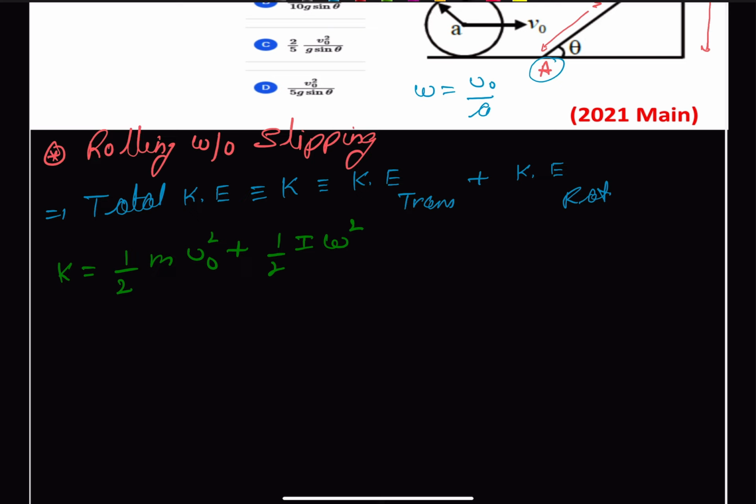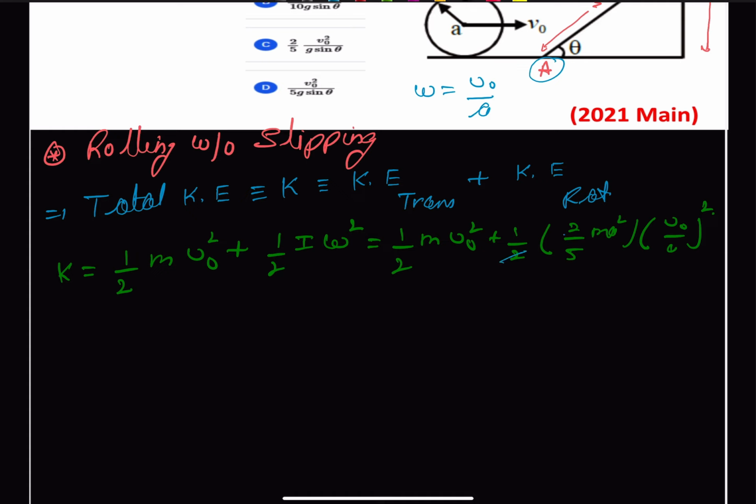The moment of inertia formula is standard, and omega we know in terms of V naught, so we substitute them. We get half m V naught square plus half times the moment of inertia, which is 2 by 5 m a square, times V naught upon a whole square.